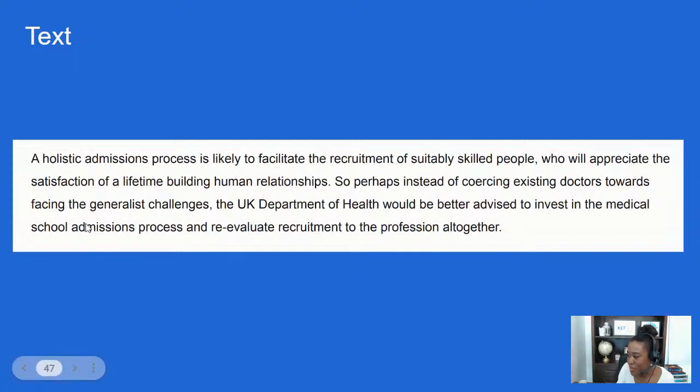And when they talk about the generalist challenges, I'll help you out here. They're talking about the skills needed to provide holistic care in specialties that cover a more broad range of issues. So things like general practice, for example.